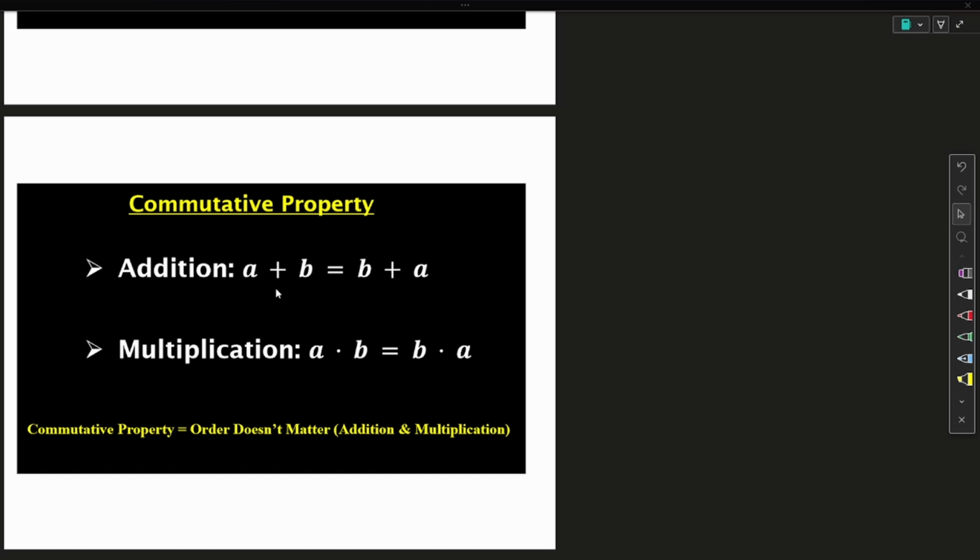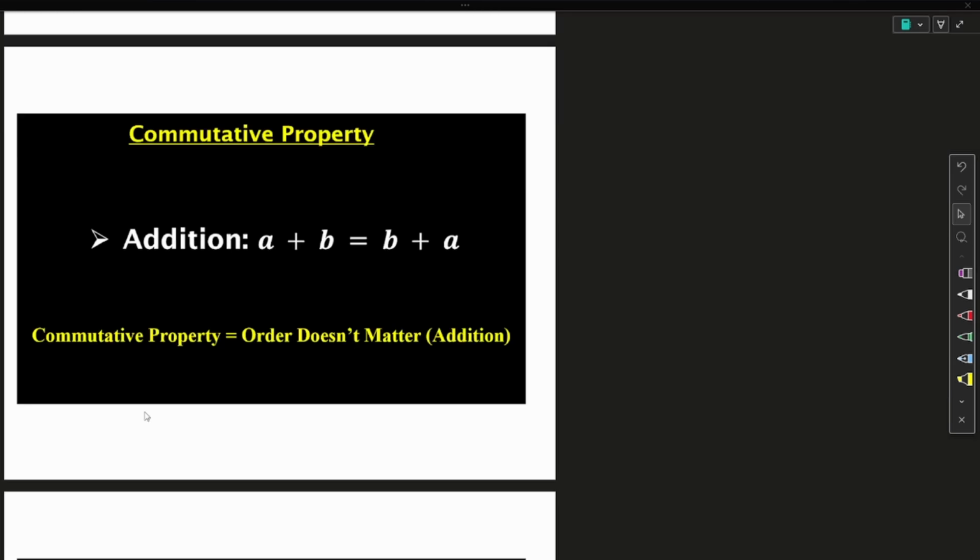So the commutative property tells us that the order in which you add or multiply two real numbers does not affect the final result. So in the commutative property, the order doesn't matter for addition and multiplication.